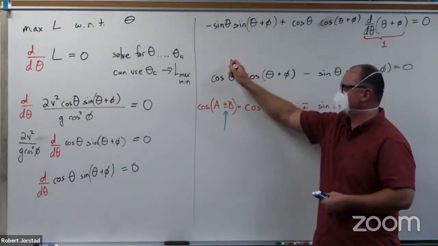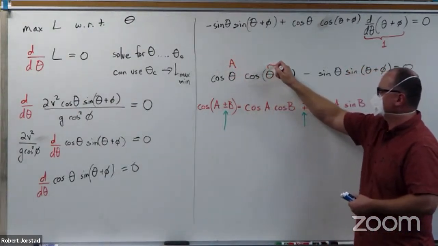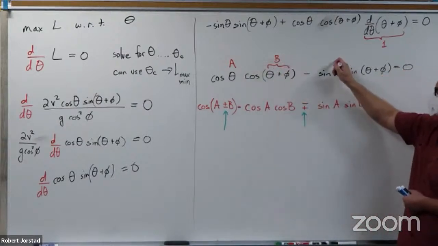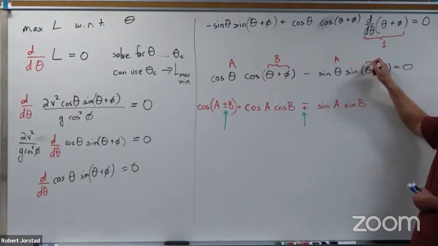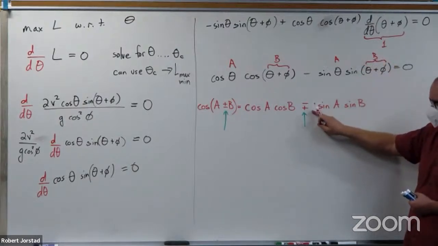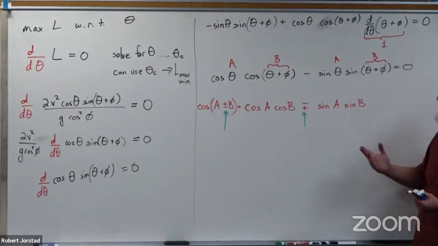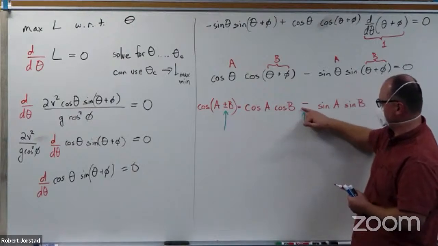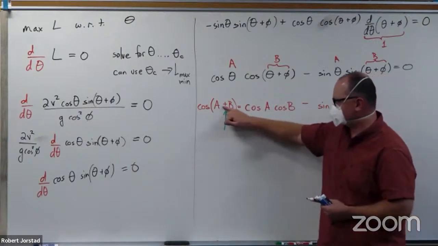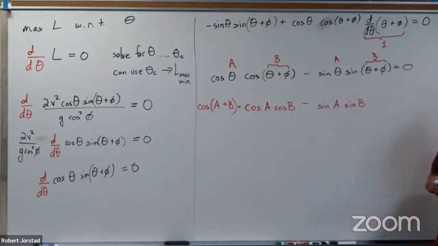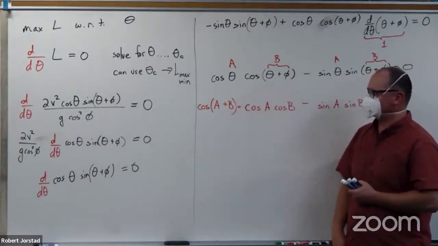This is A. This is B. This is A. This is B. Do I want to use the plus or minus sign here? Right. Minus. So which one do I have to use in here? Plus. So that just tells me I'm going to use the minus there and the plus here. Good? Well, what is A plus B in this case?